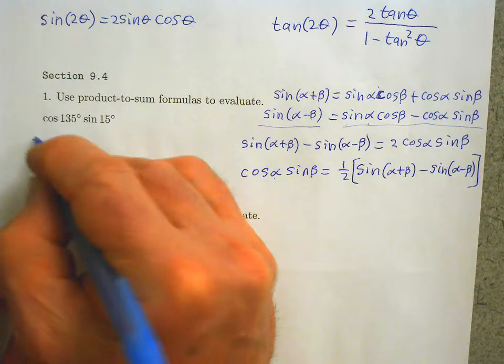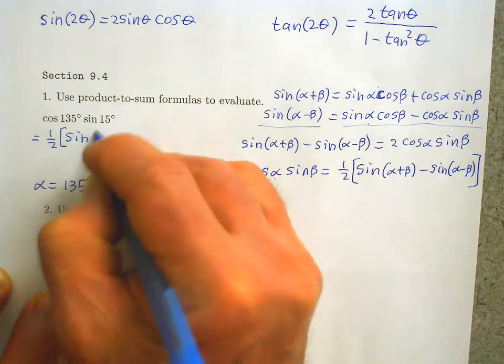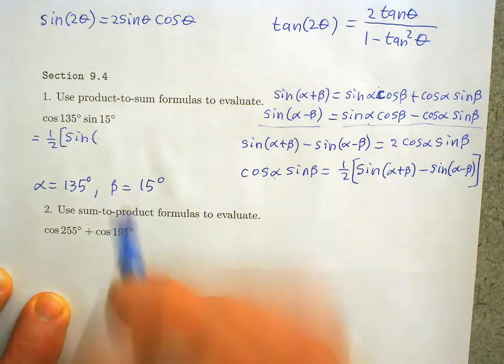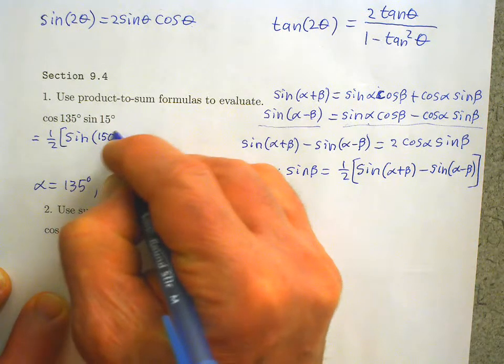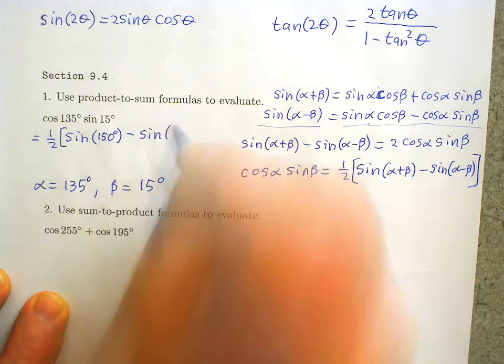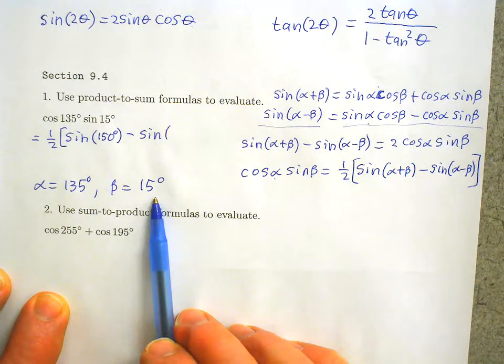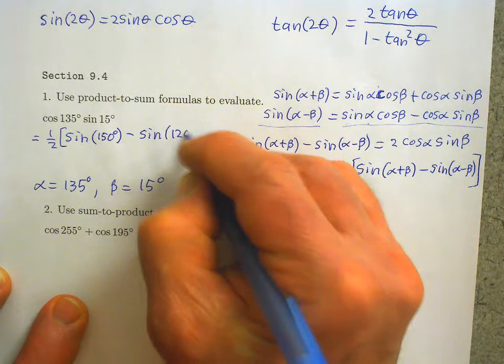This will be equal to 1/2 times sine of alpha plus beta, which is 150 degrees, and then minus sine of 135 degrees minus 15 degrees, which is 120 degrees.